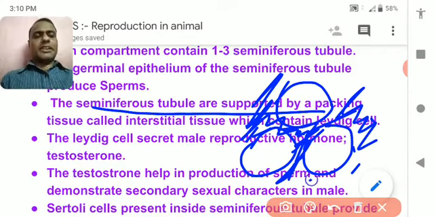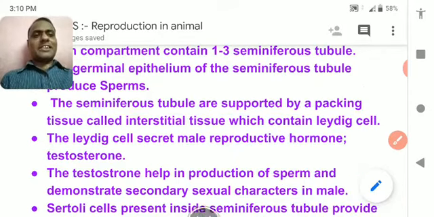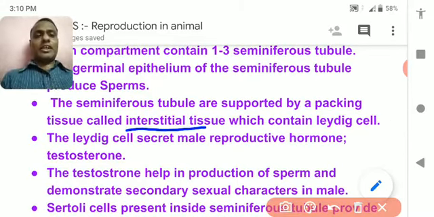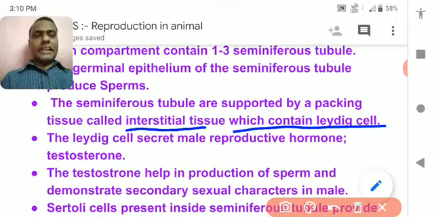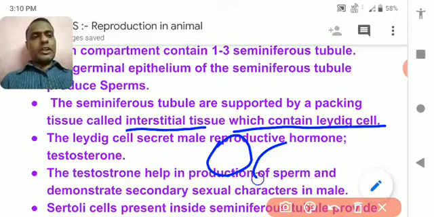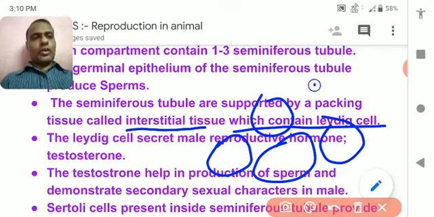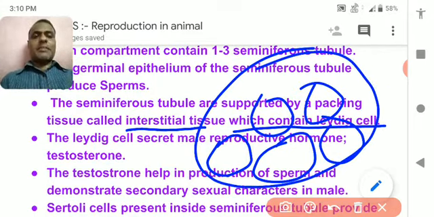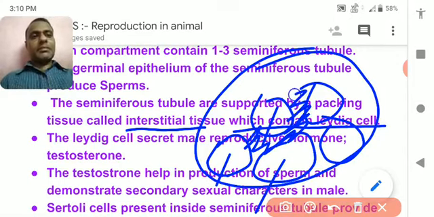This packing tissue contains certain cells or tissues called interstitial tissue, which contains Leydig cells. Between the 2 or 3 or 4 seminiferous tubules, there must be some tissue which joins them together.